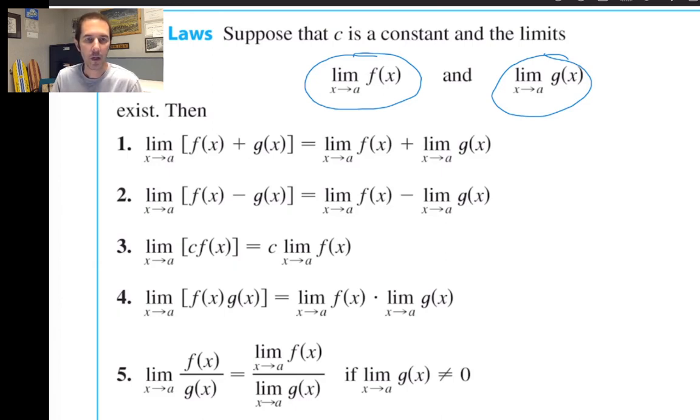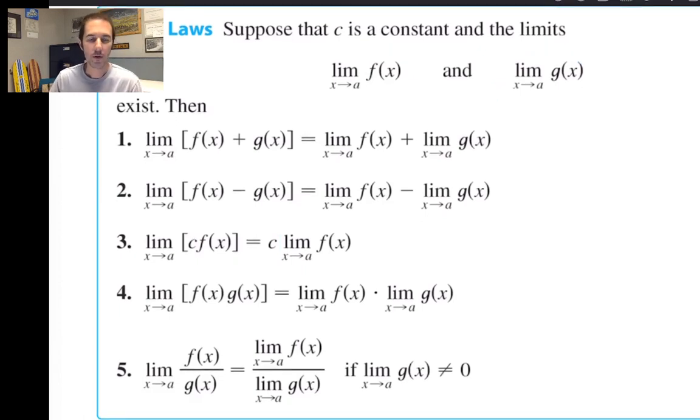In number 3, we see this c value inside of our limit multiplying the entirety of the function, and number 3 tells us that we can factor that c value out of the limit process. We could then evaluate this limit and then multiply whatever result we get by c.